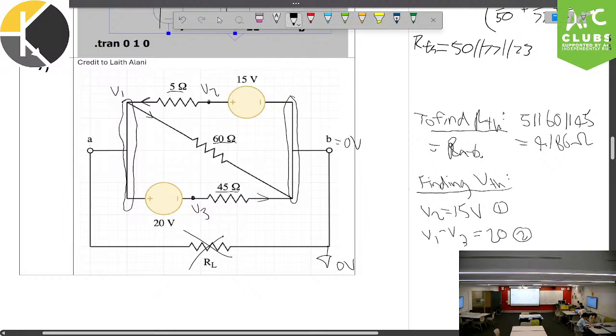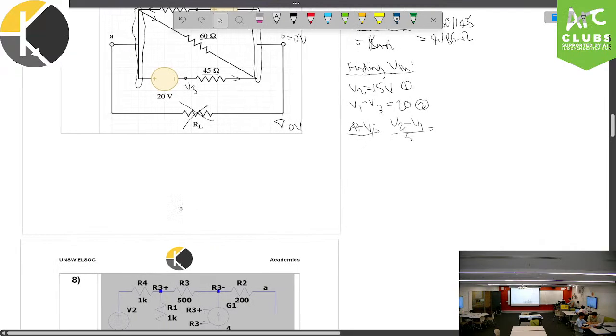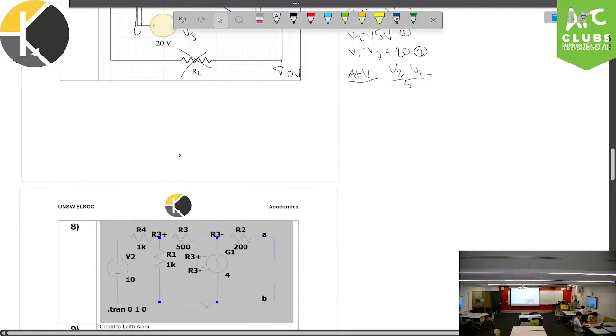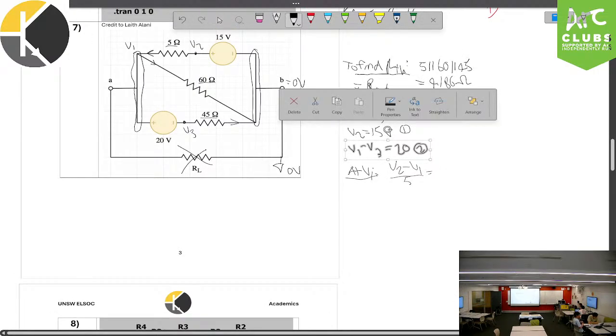At V1, we can say that V2 minus V1 over 5 is the current going into V1, and that would be equal to the current flowing out.